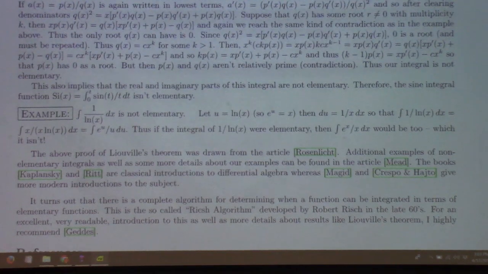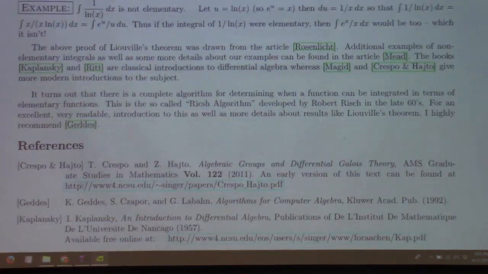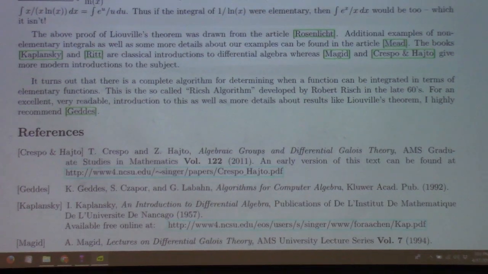Arguments are there. So again, this little PDF was written by my brother, William J. Cook of Appalachian State University, and he's drawn from about half a dozen different sources. Crespo, and I shouldn't even try to say that. This book, Algebraic Groups and Differential Galois Theory.